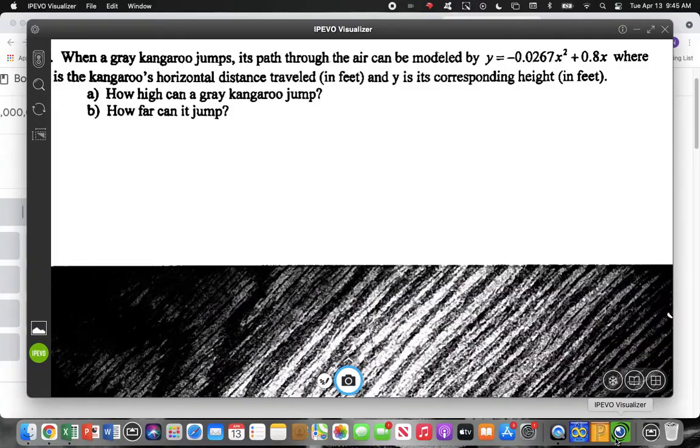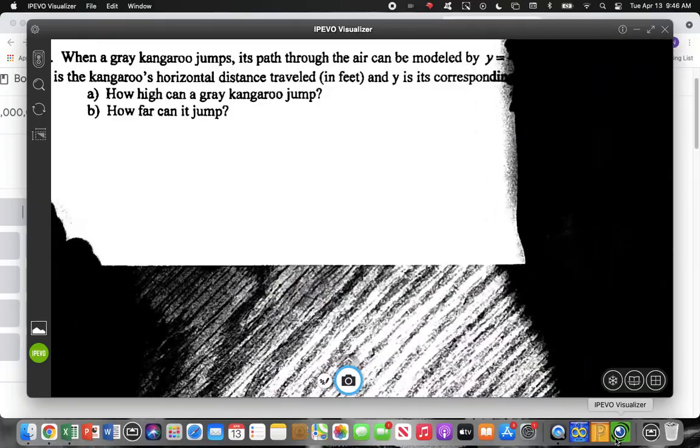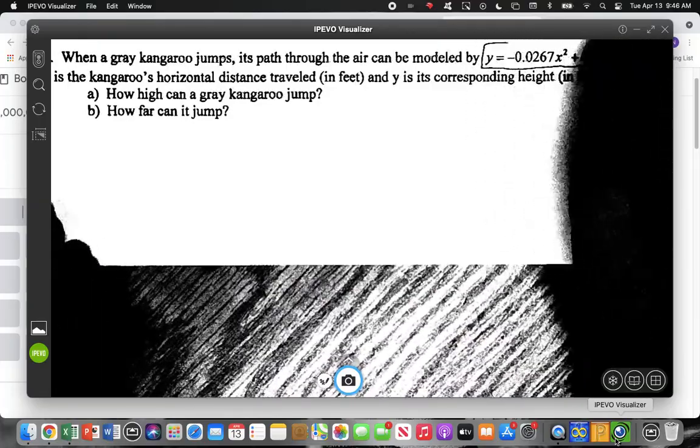They still have that arch shape, but we're not going the height of a building and going down. It's going to have the shape of a parabola as well. So we have an equation that's modeled by this kangaroo jump.